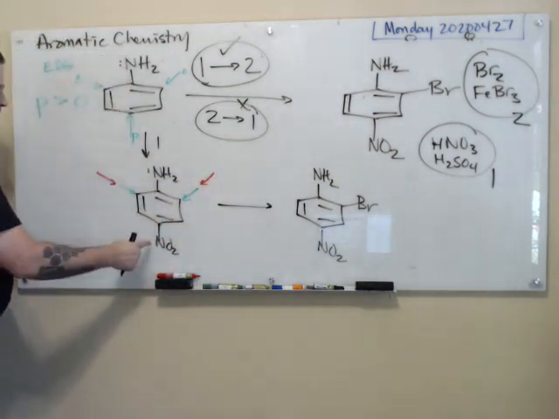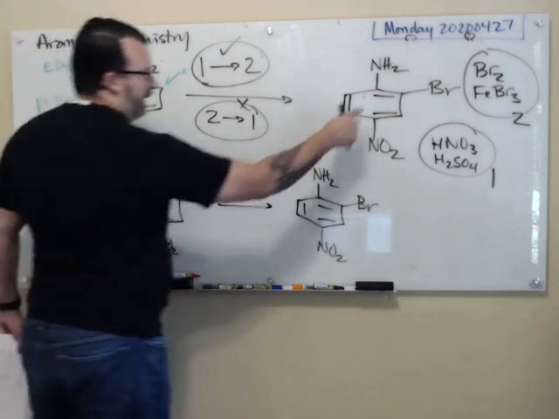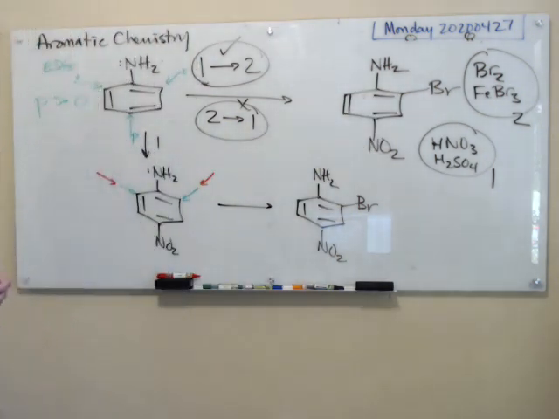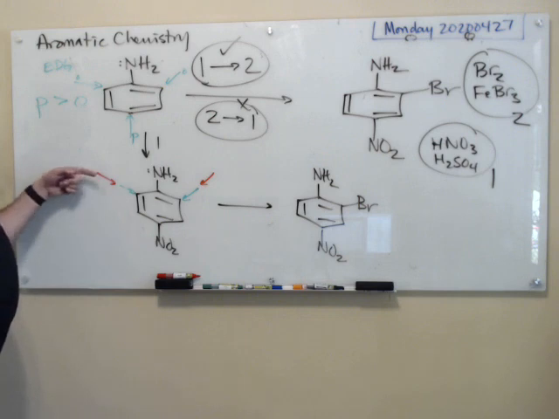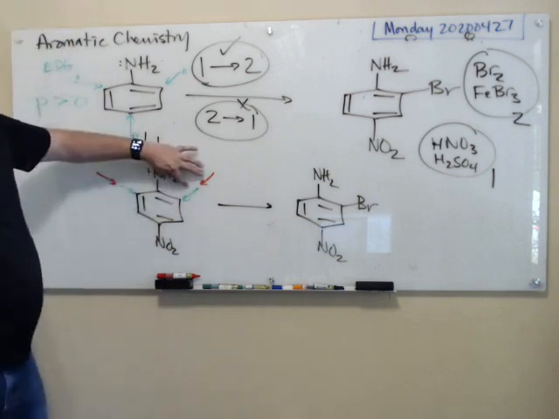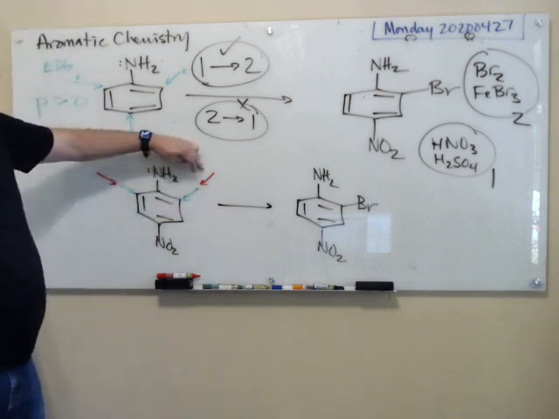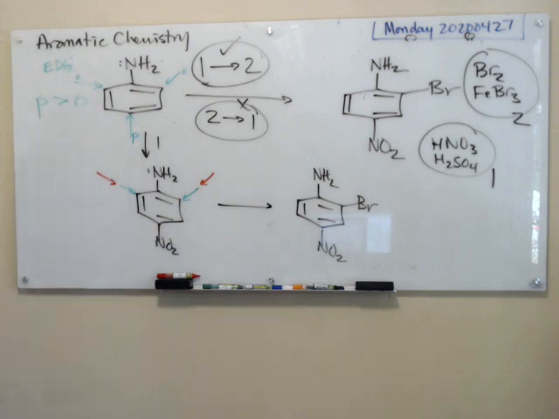The bromine will go here if we do bromination first. So we're going to get a 1-4 relationship instead of the 1-2 that we desire. So by doing it this way, we get the arrows to basically align with each other, reinforcing the directing group abilities of each. Even though in terms of the rate, this is faster, this is slower, they're still directing towards the same position. Any questions on that before we move on?